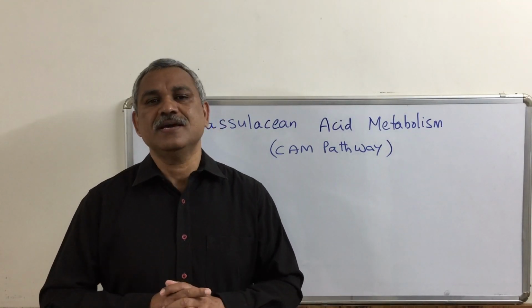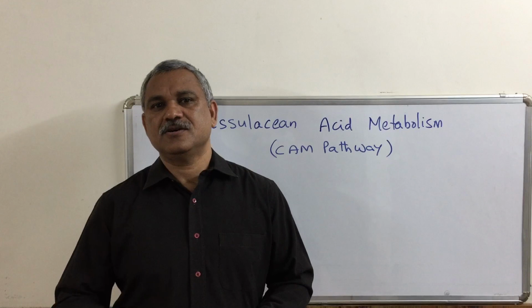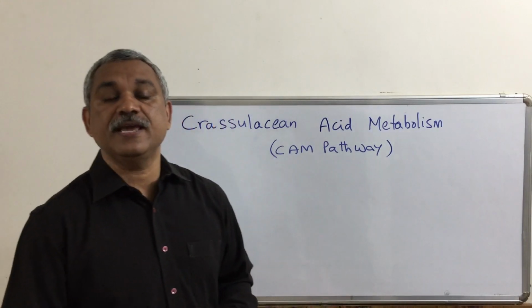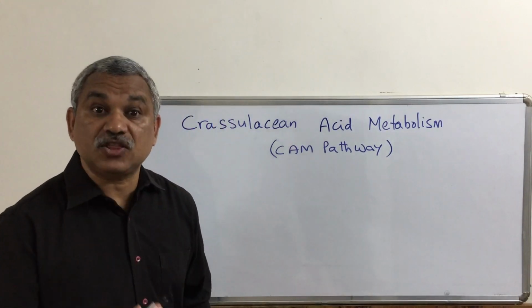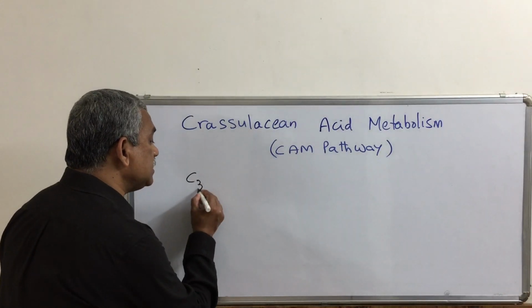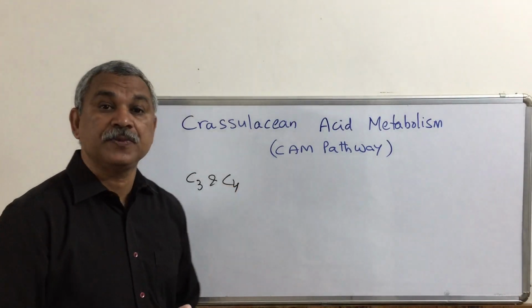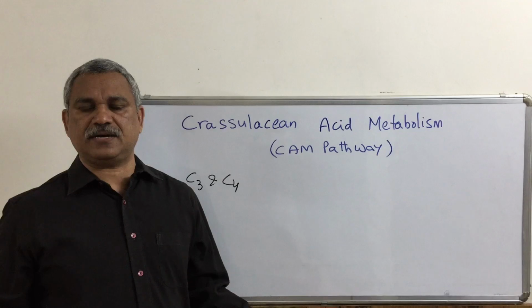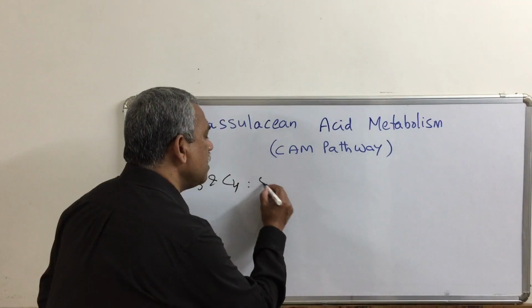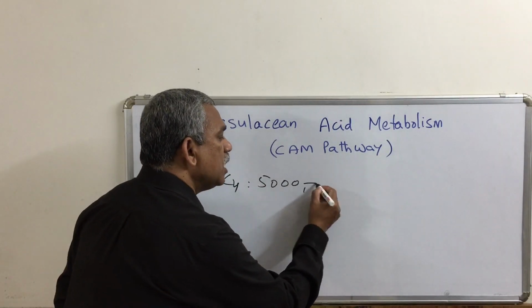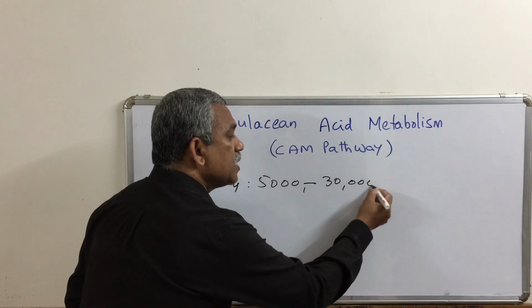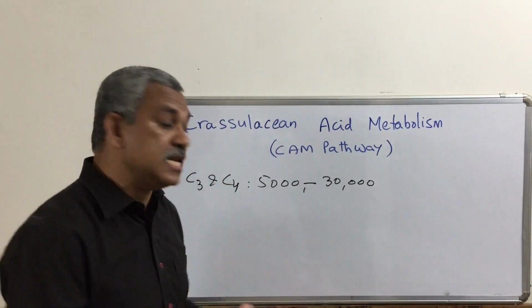If you look at the stomata in the leaf arrangement in the C3 and the C4 pathway, they have a huge number of stomata, maybe about 5,000 to about 30,000 stomata per square centimeter in the leaves.